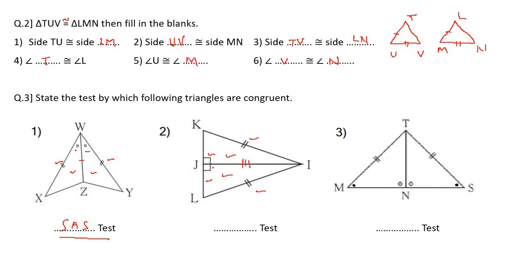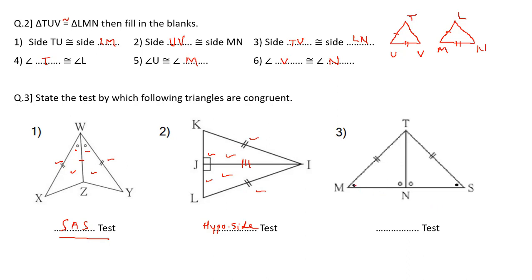So in hypotenuse side test one angle is right angle and one hypotenuse is congruent, and the remaining sides are also congruent. Then this type of triangles are hypotenuse side test. By hypotenuse side test these are congruent.